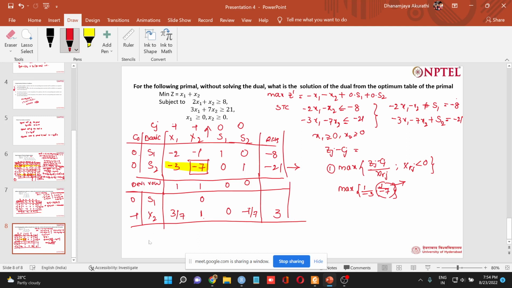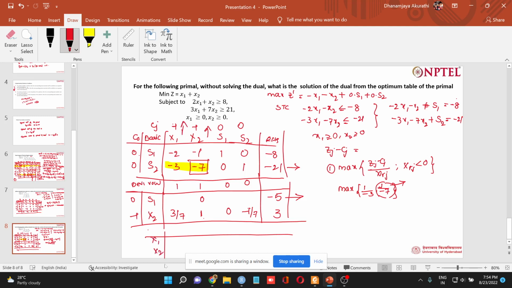Again, after that, find the deviation rows, and here check whether any negative value would appear or not. Here we are adding this and this, so here it would be minus 5. This would be the only criteria for the leaving variable. And find out which is the entering variable. Obviously, x1 would be the entering variable.